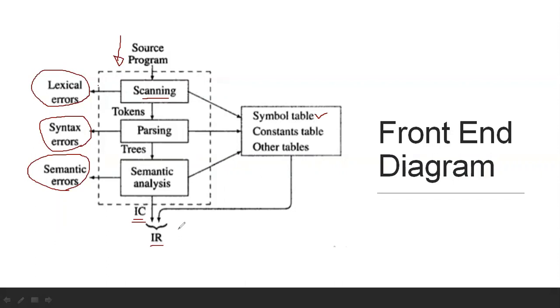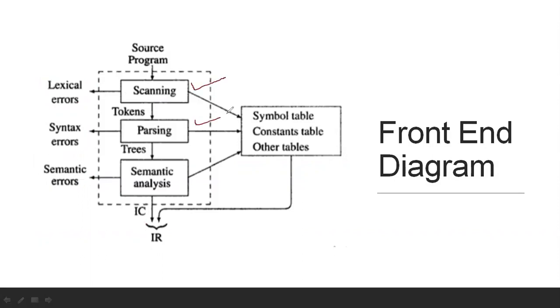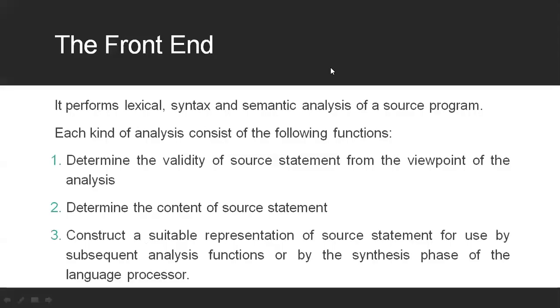So in short, IR is nothing but IC plus tables. So this is the diagram of front end. Now we are going to see each and every step in detail. So don't worry. Let us go to the next slide.